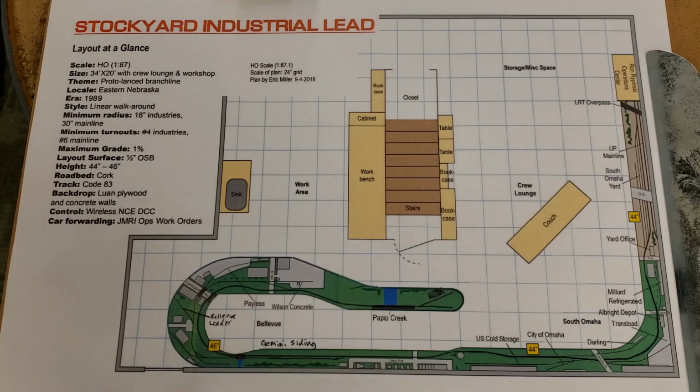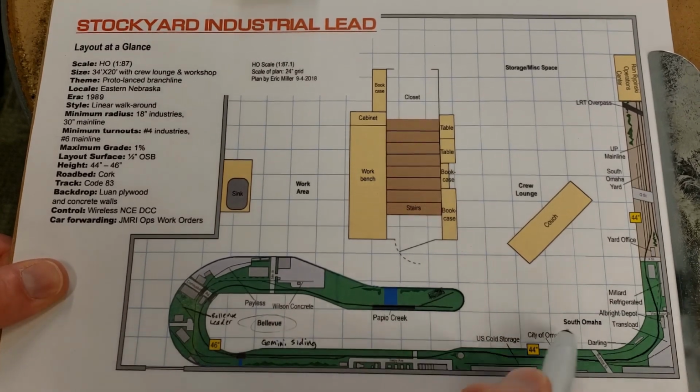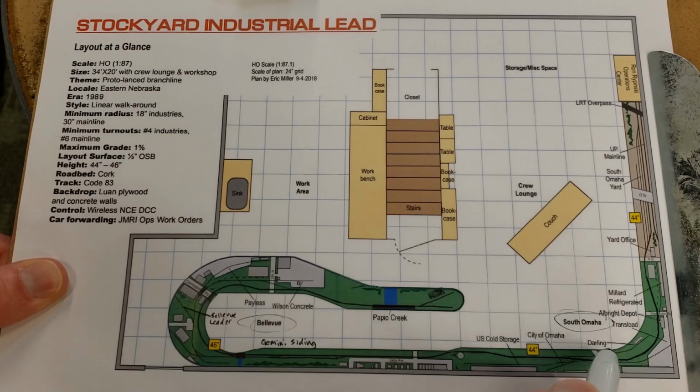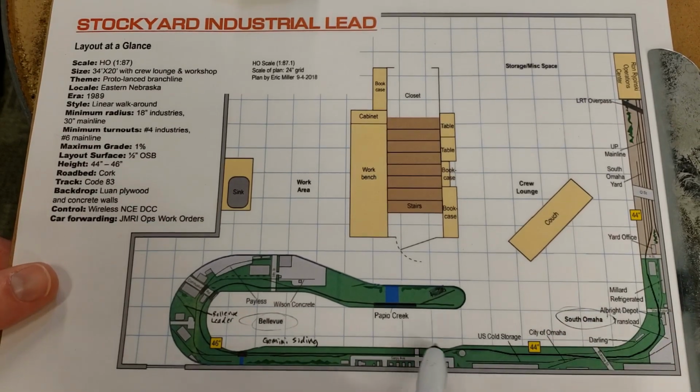So in my layout, I had this town, Bellevue here, and South Omaha here, and the yard there. And I decided that what I wanted to do is to create this open space here in the middle to spread it out and make it look like you're going somewhere, as you want to do with most model railroad layouts, I think. And even though this is a small switching layout, I still wanted that open space in the middle, especially after reading Lance Minheim's book.